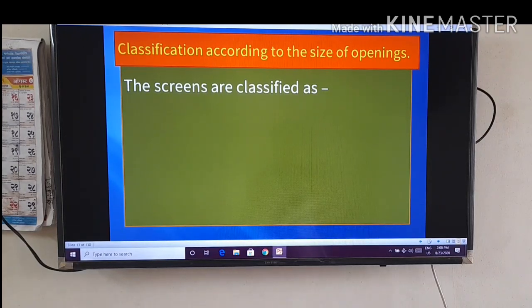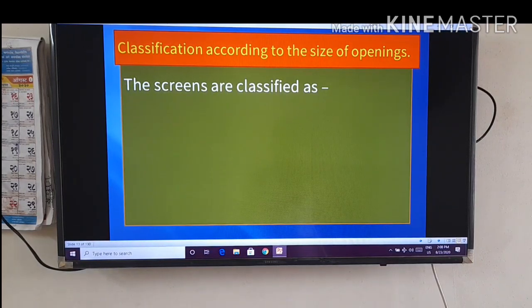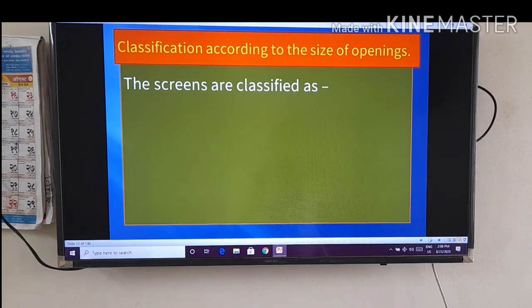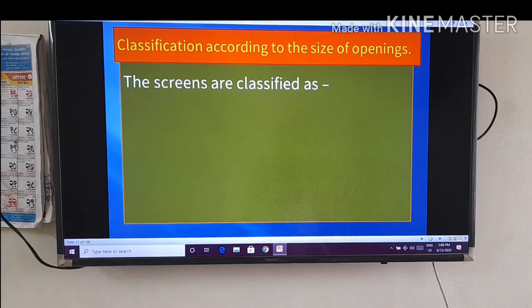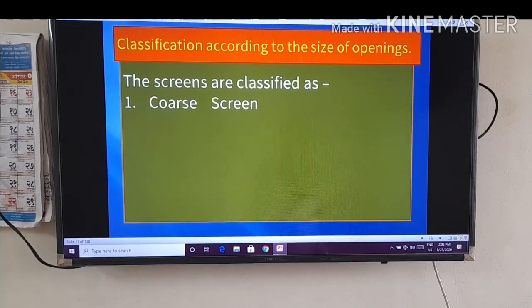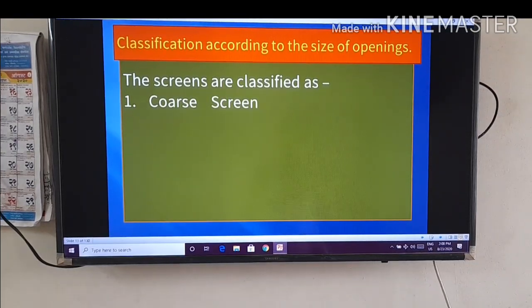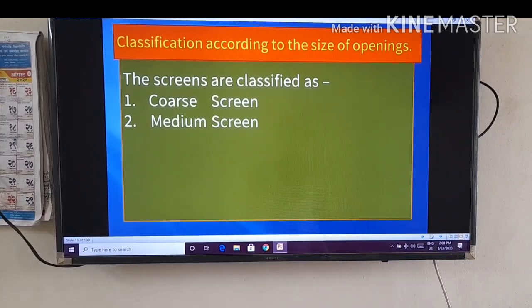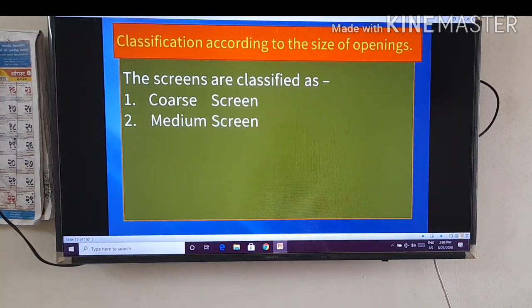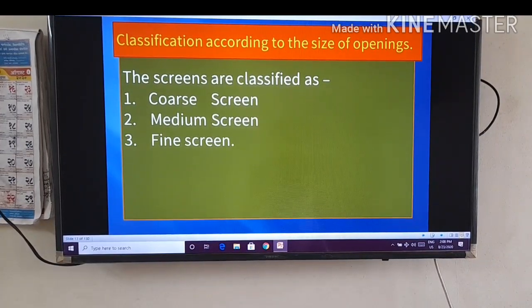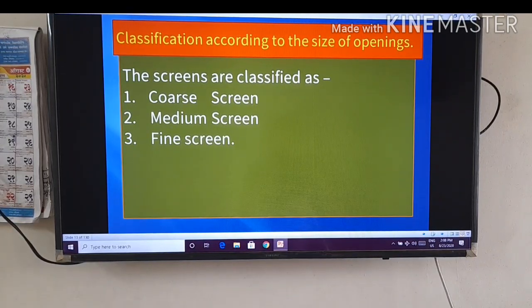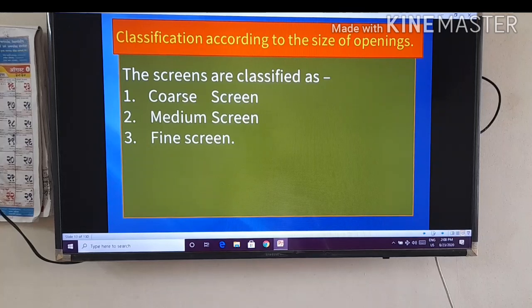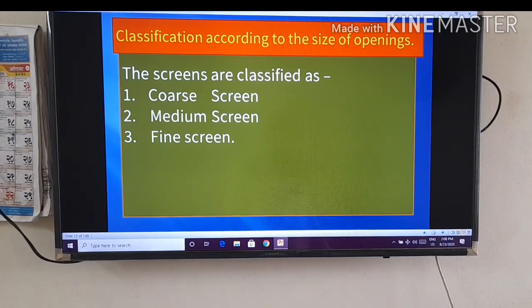First, classification according to the size of openings. The screens are classified as coarse screen, second, medium screen, third, fine screen. What are they? Coarse screen, medium screen and fine screen.